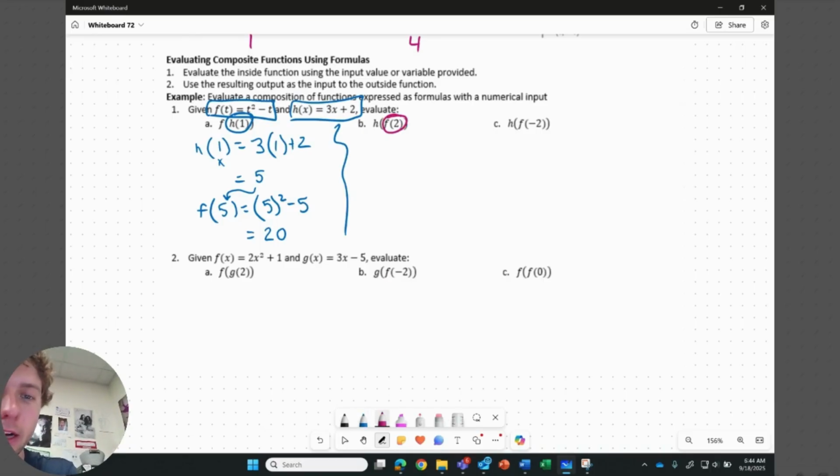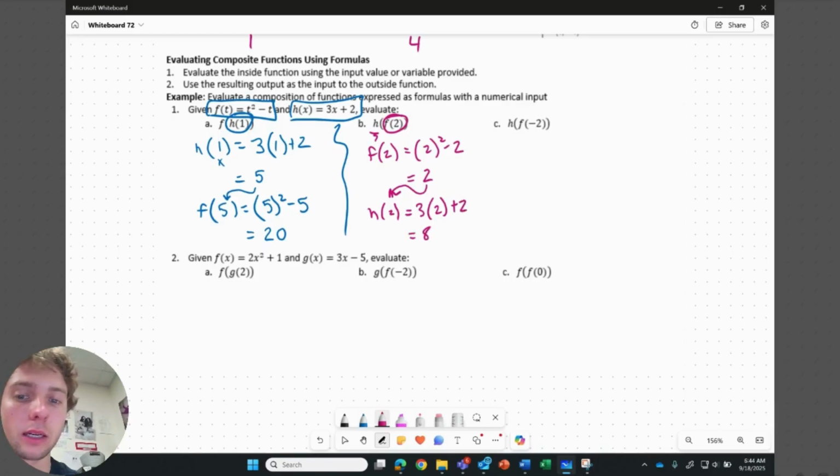Take the inside function, plug into that, and then whatever the result is, you take that result and you plug that into the outer function. And we get something like this. Continue that process for each of these. Go ahead and pause the video here. Try that on your own, and then once you're ready, pick back up and let's see if we got these right.